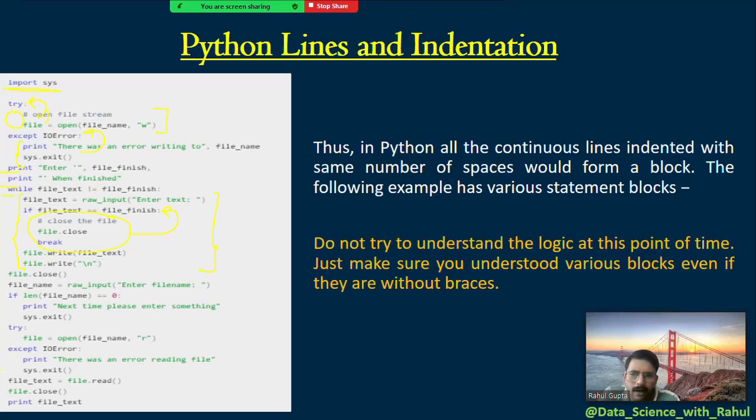Just see what a block without braces is. That's the whole purpose of showing this code. We will be writing code like this in the actual Jupyter notebook down the line, but till that time we should understand the concept first. So in this video we are learning the concept.